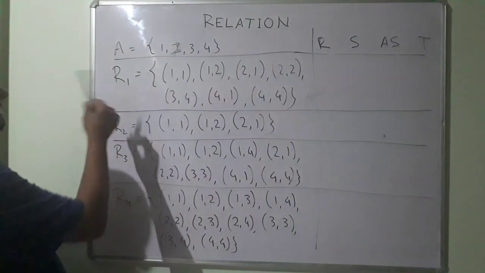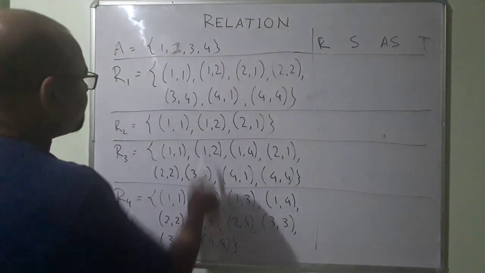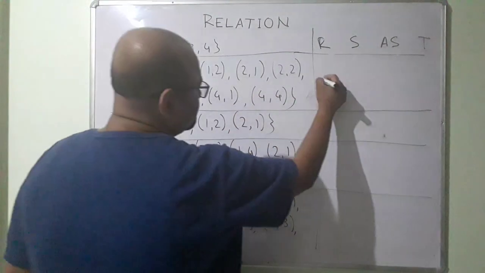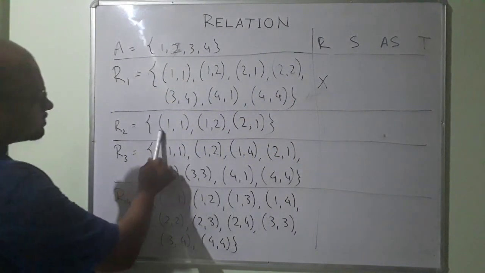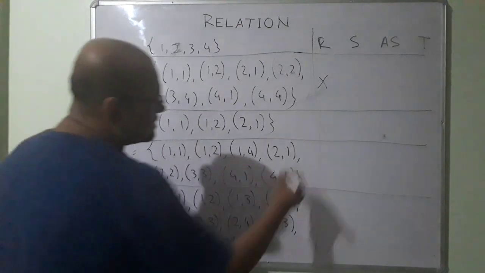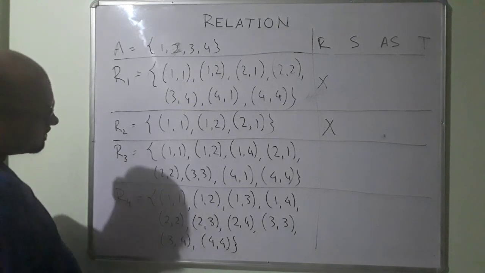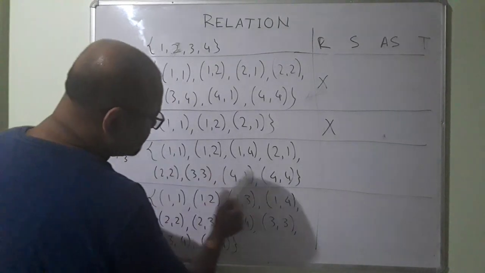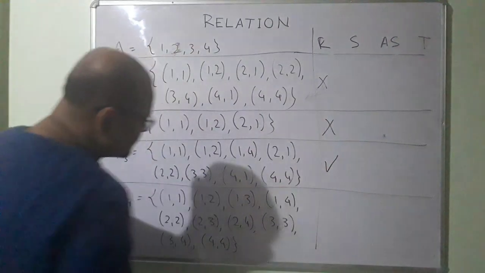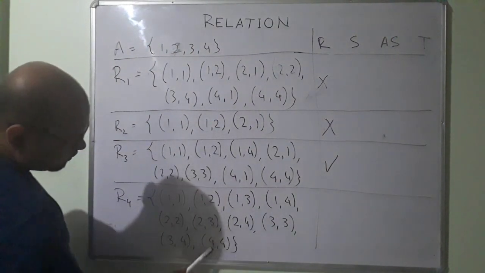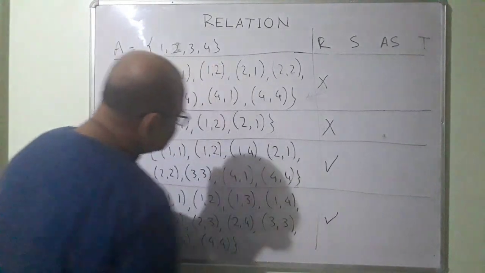This one, is it reflexive? 1 1 is there, 2 2 is there, 3 3 is not there, so it is not reflexive. What about this? 1 1 is there, 2 2 is not there, 3 3 and 4 4 are not there, so this is not reflexive. What about this? 1 1, 2 2, 3 3, 4 4, all of them are there, so this is reflexive. What about this? 1 1, 2 2, 3 3, 4 4, all of them are there, so this is reflexive.